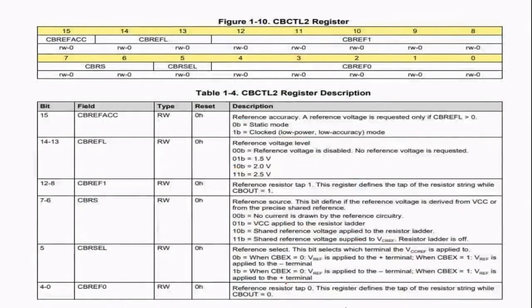So now comes the CBCTL2 register. This is also a 16-bit register. In that, most of the register bits are used for the reference voltage generator, to select the reference voltage, how much you can select. CBREFACC means reference accuracy.